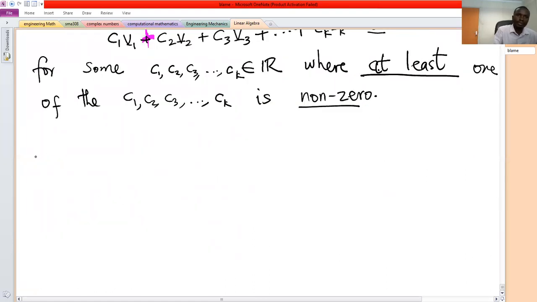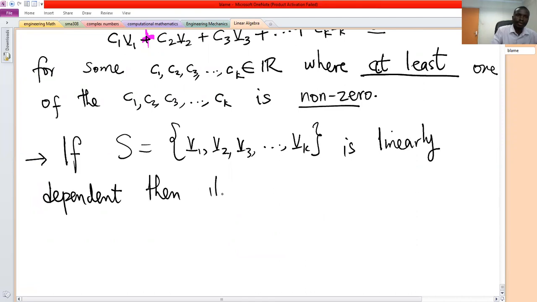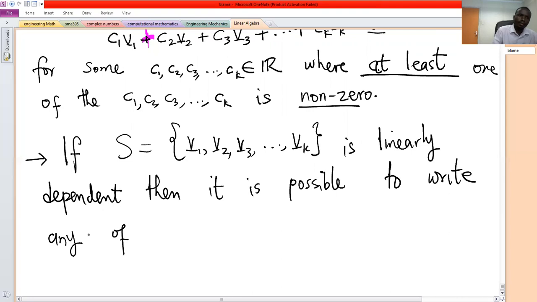And then if this set of vectors V1, V2, V3 up to Vk is linearly dependent, then it is possible to write any of these vectors as a linear combination of the remaining vectors.